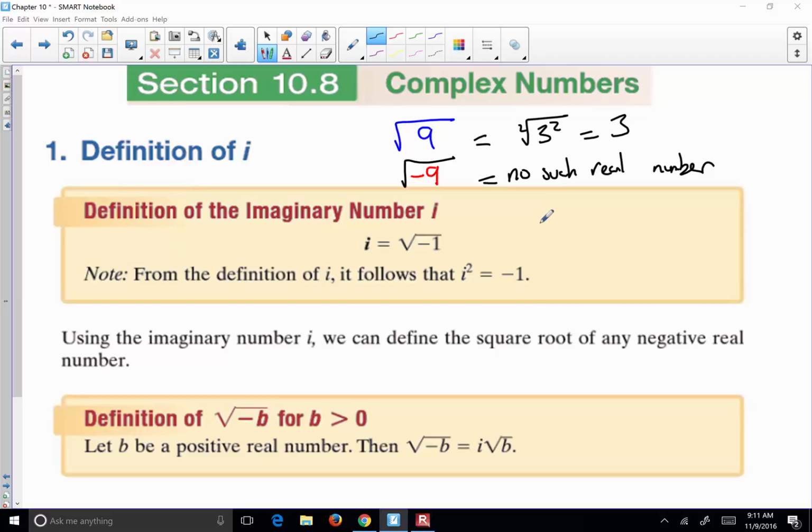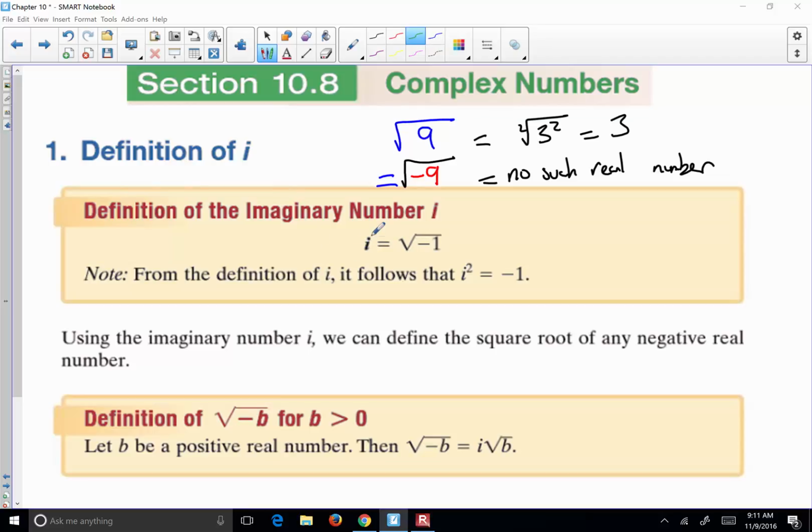So what do you think math people did in this case? Did they just quit and go home? No. If there is no such real number, why don't we make one up? They made up a number for it. Since all the symbols for numbers are taken, they started using letters, and they use the letter i.